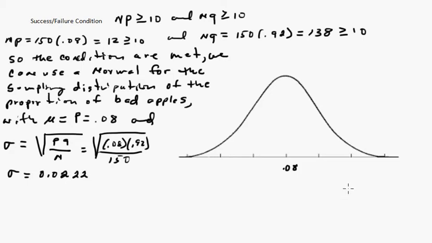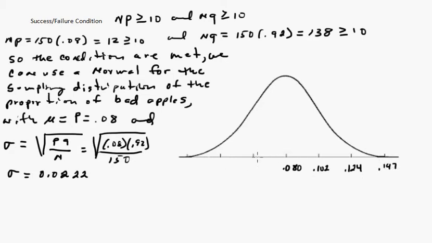And that comes out to be 0.0222. Okay, so now if I take this standard deviation and add it once, I get 0.102, and if I add it again, I get 0.124, and if I add it one more time, three standard deviations out, I get 0.147.